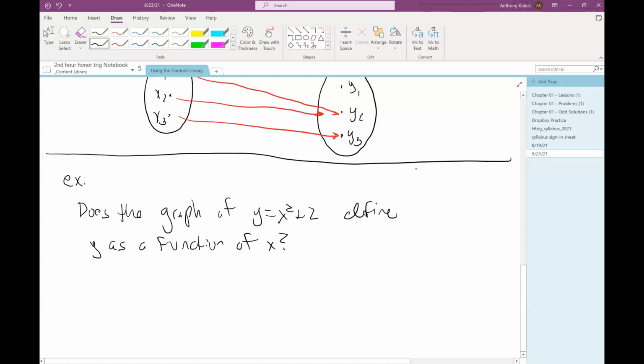Don't let the wording confuse you, right? Saying y as a function of x is just saying that y is the dependent variable and x is the independent variable, which is the standard assumption we'd make for something that we write as y equals x squared plus 2. Everybody's good with that?